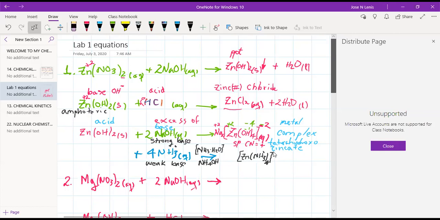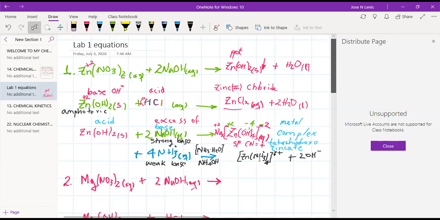It's still 2+, the 2+ from zinc, plus, from here, ammonia kicks out the OH, so we got 2 OH minus.